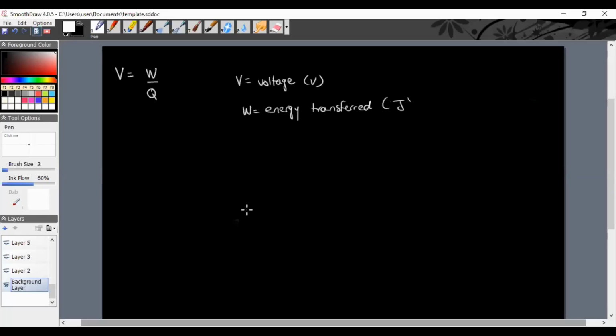And then we have Q, the unit of charge, which we know is measured in coulombs. That's the formula for potential difference, which I'll write on top. Fantastic. Let's go back to our presentation.